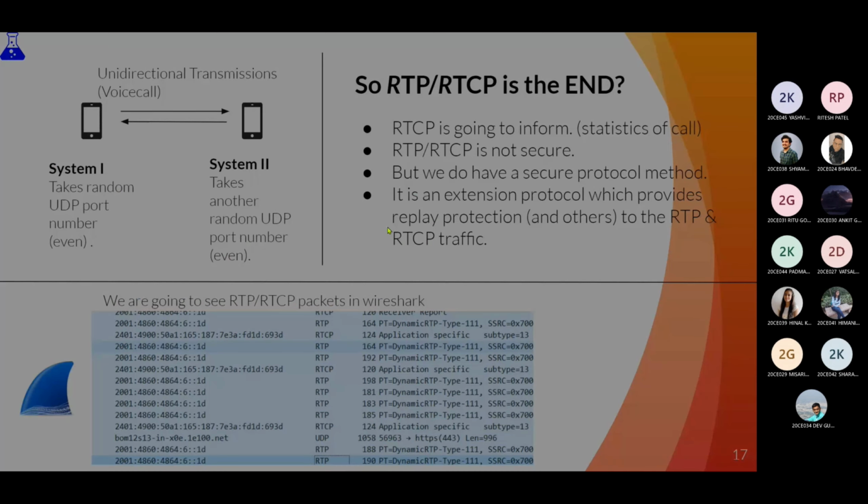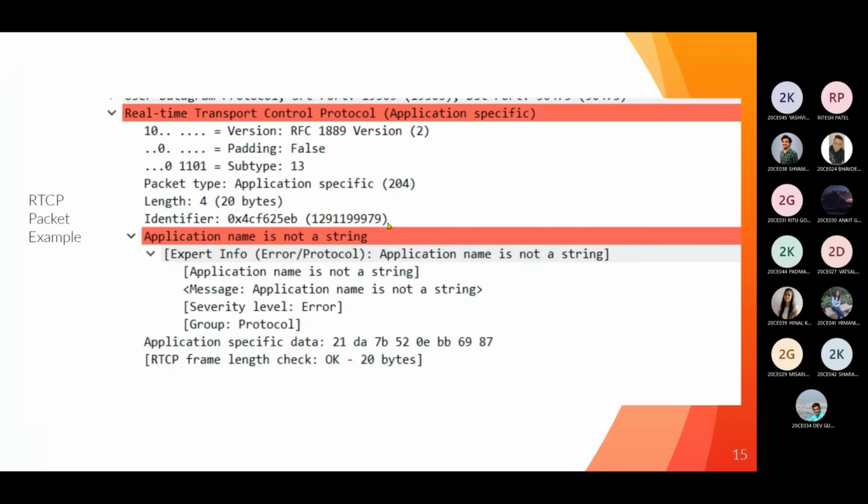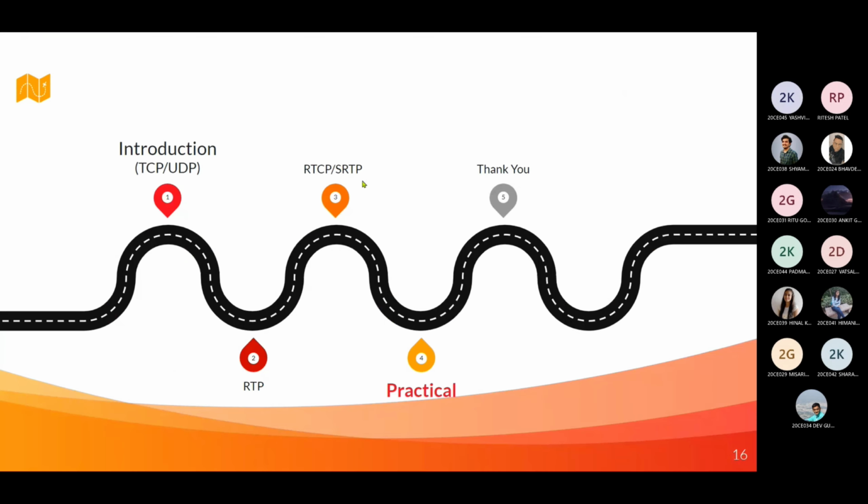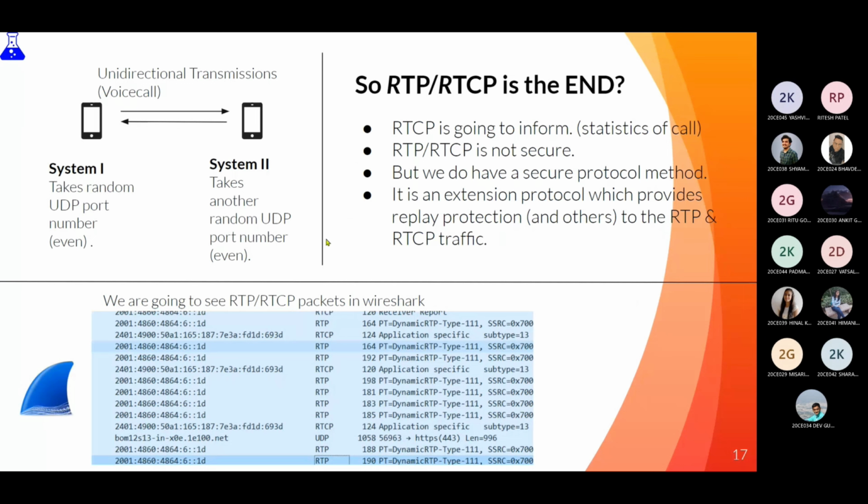Before that, RTCP and RTP are not secure. So let's see why it's not secure and what the solution is. RTCP is going to inform statistics of the call, as I said earlier. RTP and RTCP are not secure, but we do have a secure protocol method.